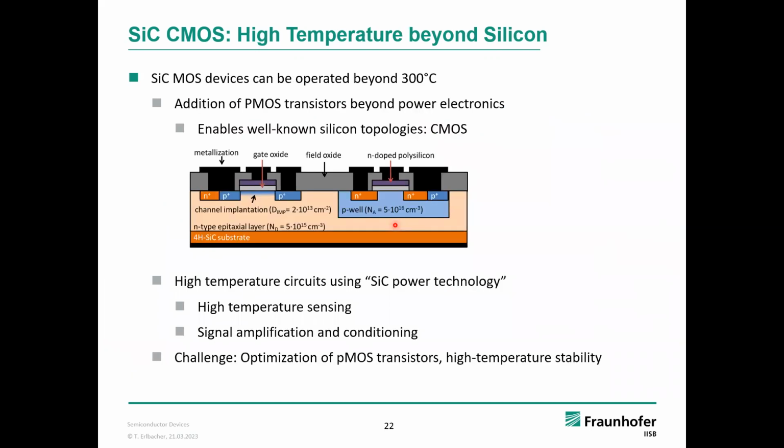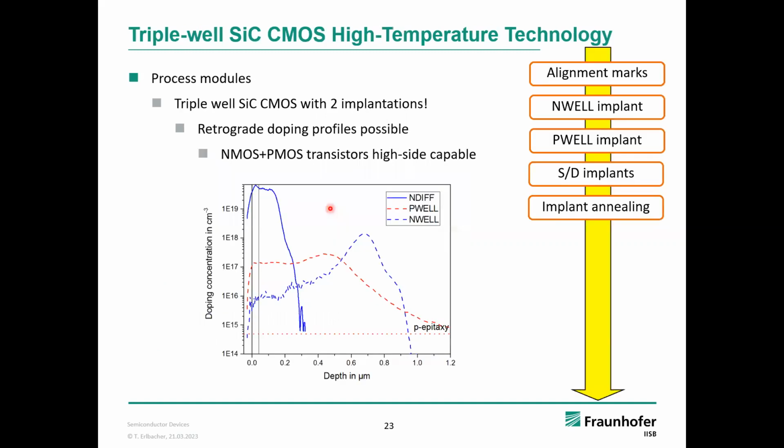But I think the key message that I want to get across to you today is that we are actually working on this silicon carbide CMOS technology by adding a PMOS transistor, which is then a typical CMOS circuit with all the aspects that you are well aware of from silicon.